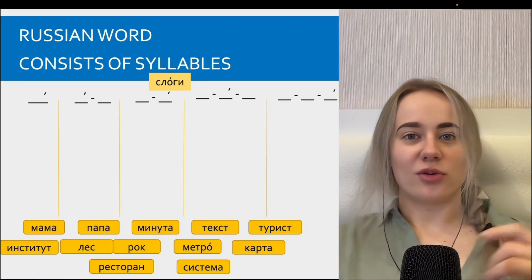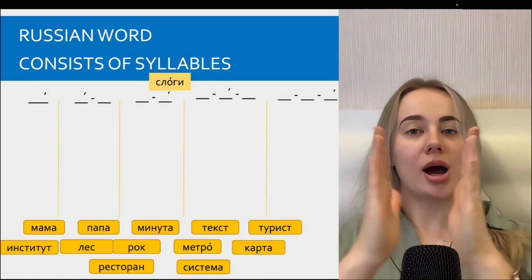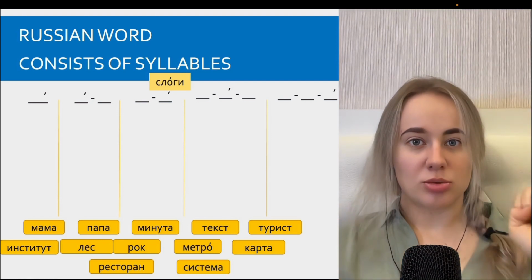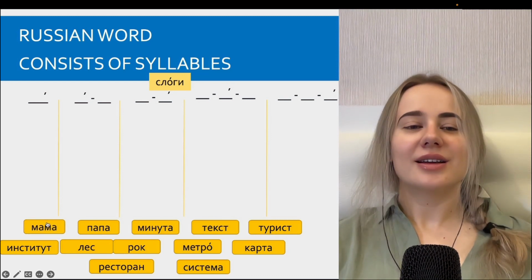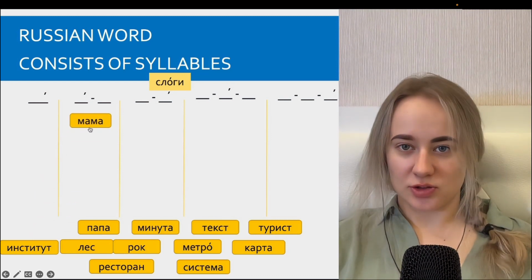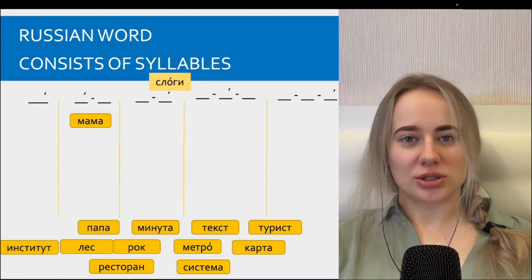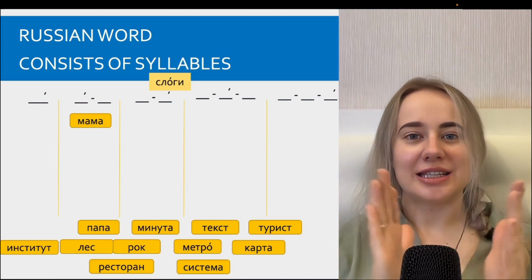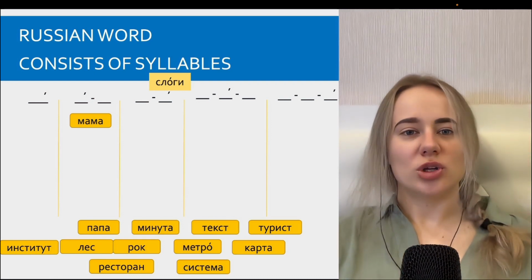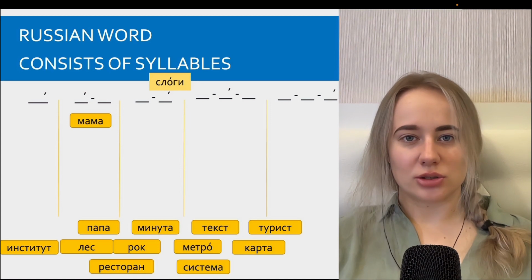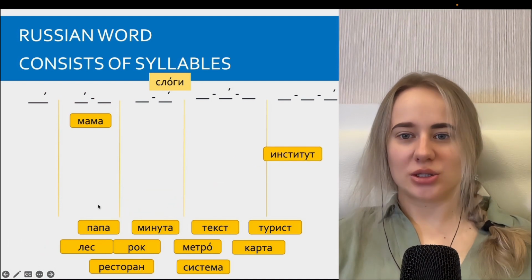Let's see. The first word is мама. Two syllables. Where is the stress? The stress is on the first syllable. Институт. Three. Which is stressed? The last one is stressed.